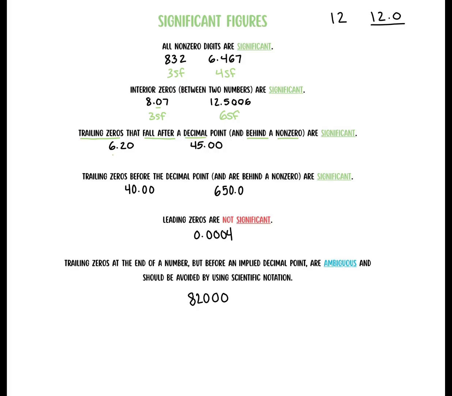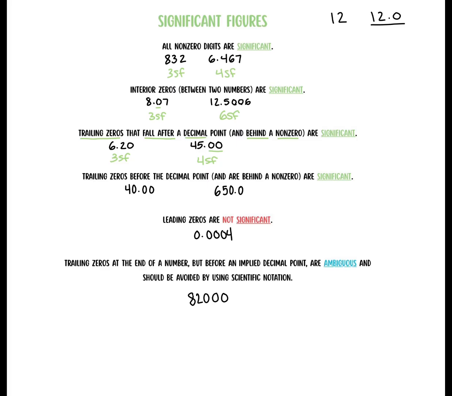So here in 6.20, we have 3 sig figs. What about 45.00? In 45.00, we have 2 zeros that are not only behind a decimal point, but also behind a non-zero. So we're going to have a total of 4 sig figs.